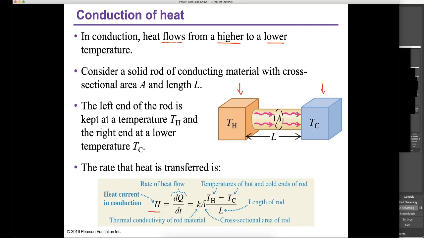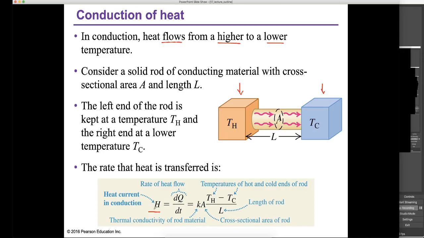It equals k A delta T over L. Th is the high temperature, Tc is the low temperature, so Th minus Tc is delta T. k is the thermal conductivity of the rod material. A is the cross-section area of the rod. L is the length of the rod.